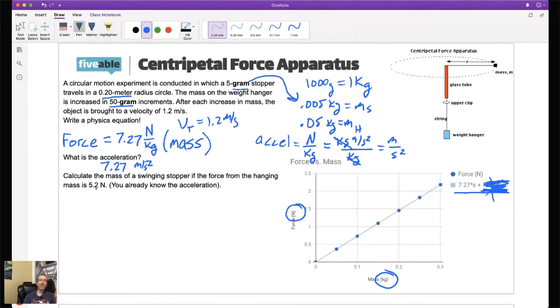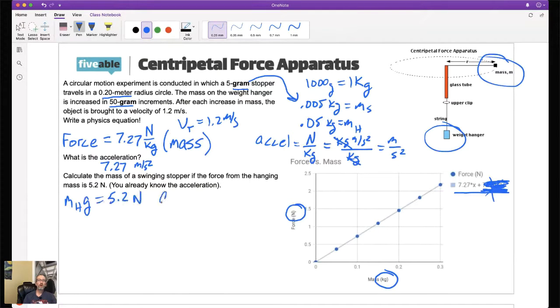Here's the tough part. Now they want us to find the mass of the swinging stopper if the force from the hanging mass is 5.2 newtons. Let's do a free body diagram, or let's just think about what's going on here. They want us to calculate the mass of the swinging stopper, so that's this guy up here. We know that the mass down here at the bottom times gravity, m_h g, is equal to 5.2 newtons.